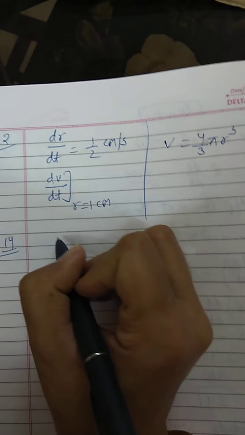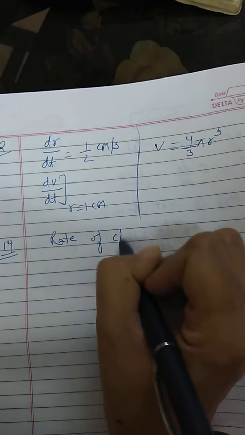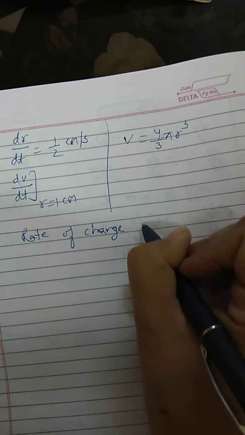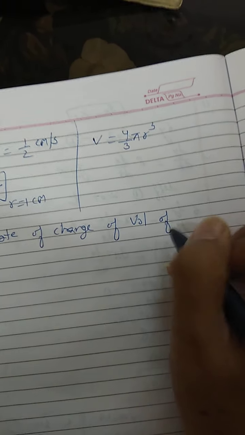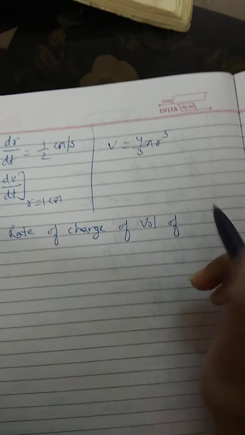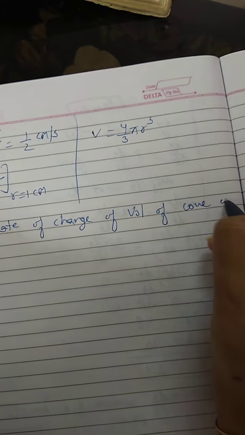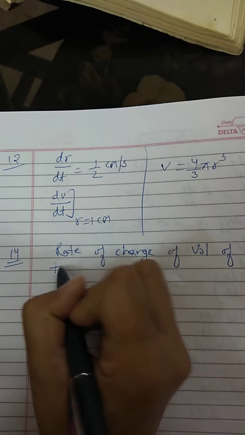So first of all, what is given here? Rate of change of volume. Now since the sand which is falling on the ground is forming a cone, the rate of change of volume of the cone with respect to time is given, right?